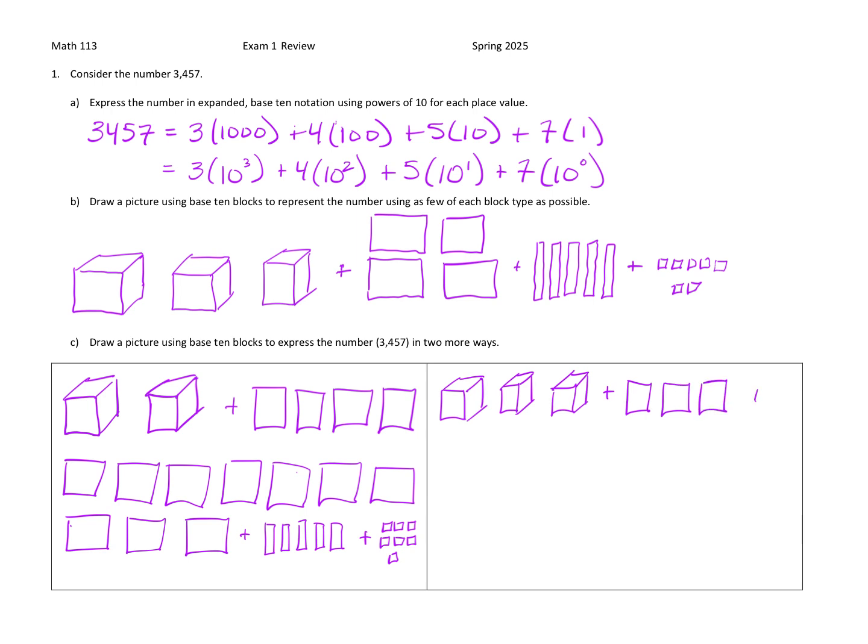So now I'm going to draw 15 longs. Okay, so now that I've drawn my 15 longs, I just have my 7 shorts left to draw. And we've expressed 3,457 in another way.